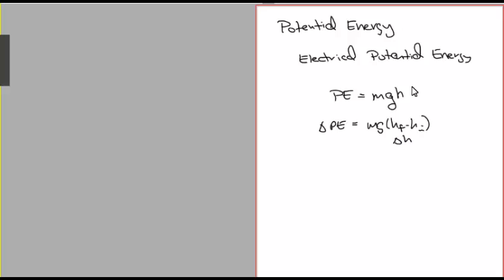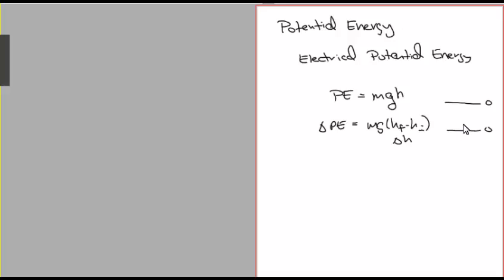So it's delta H, not H. The absolute potential energy wasn't as important as the change in potential energy, and it didn't matter where we set the height equal to 0, as long as we had this common reference point, the change would be the same.